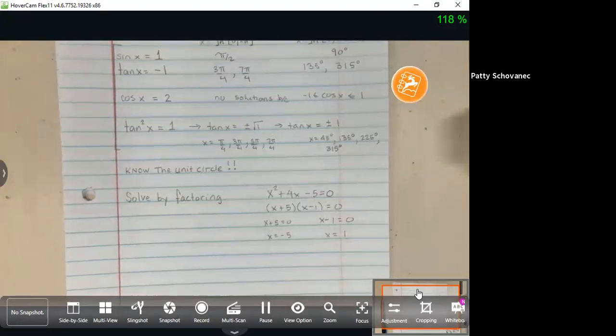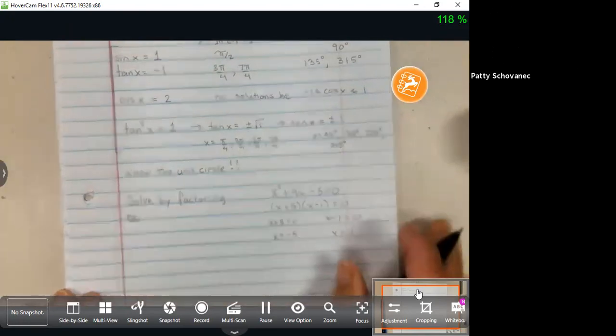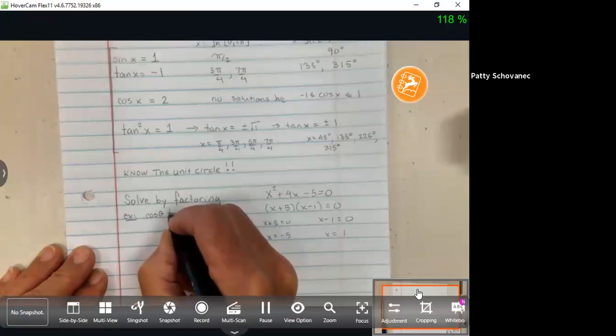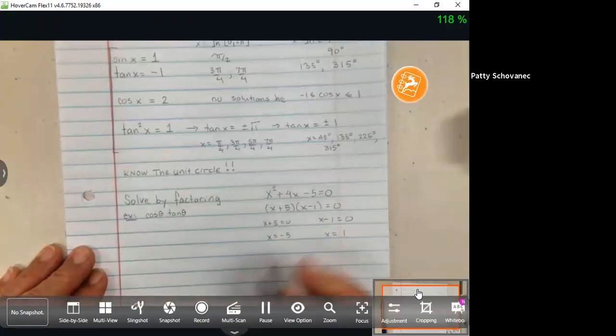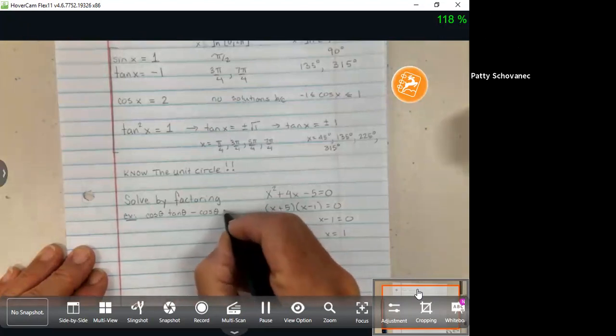If we have a trig equation and we can possibly factor it, we'll try to do that. And then we'll set each factor equal to 0. So here's one right here. I want to know where the cosine of theta times the tangent of theta minus the cosine of theta is 0.